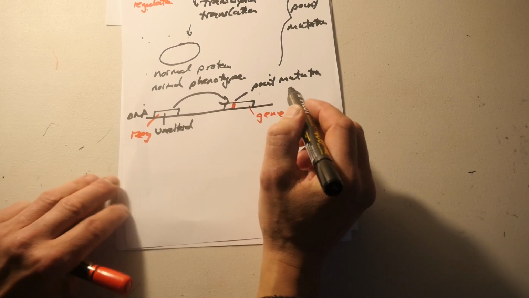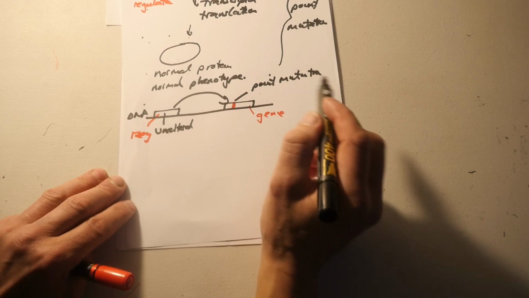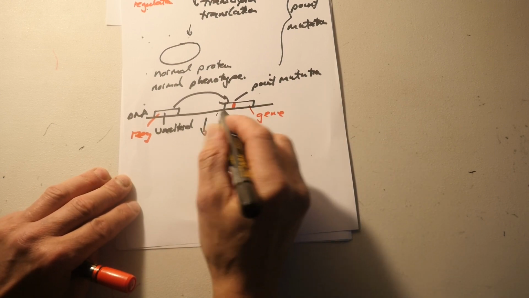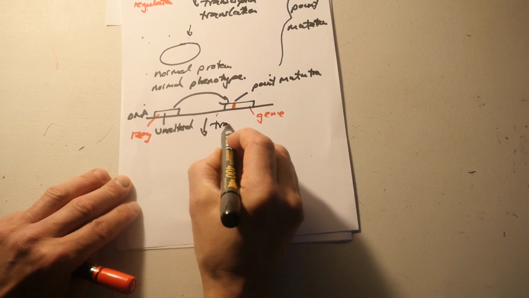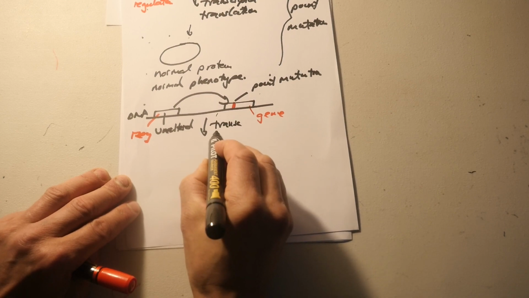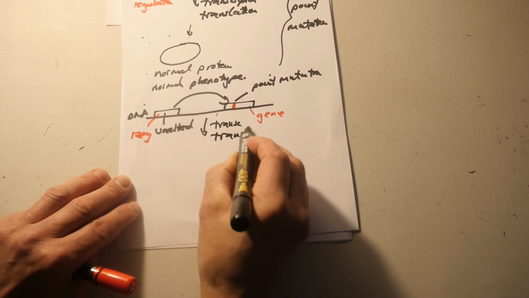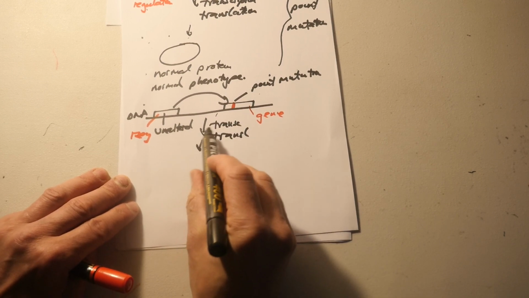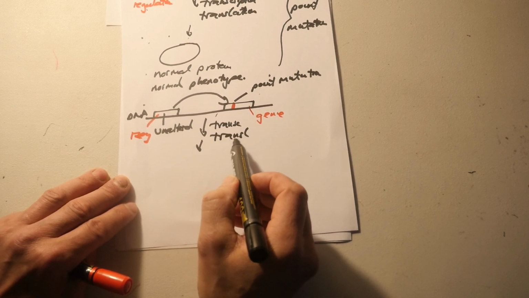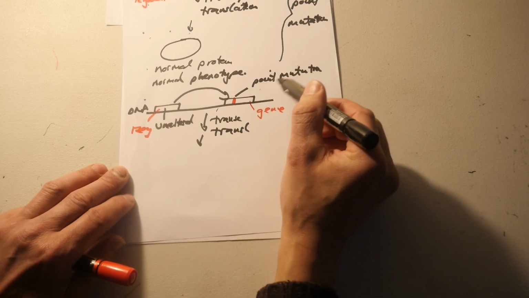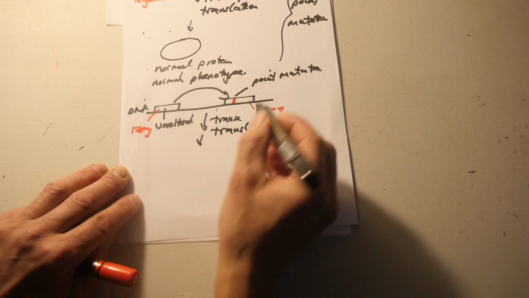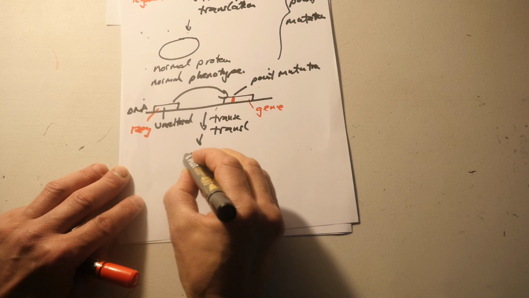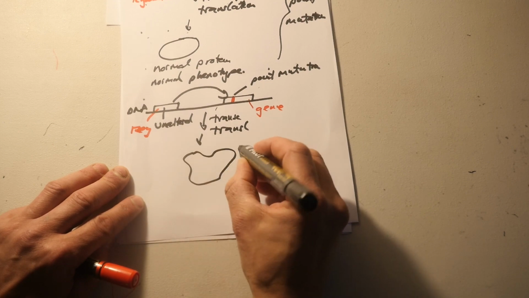So this results in transcription and then translation, which are just abbreviations for transcription and translation. Because the point mutation is in the gene and that's being expressed, you get an altered protein.